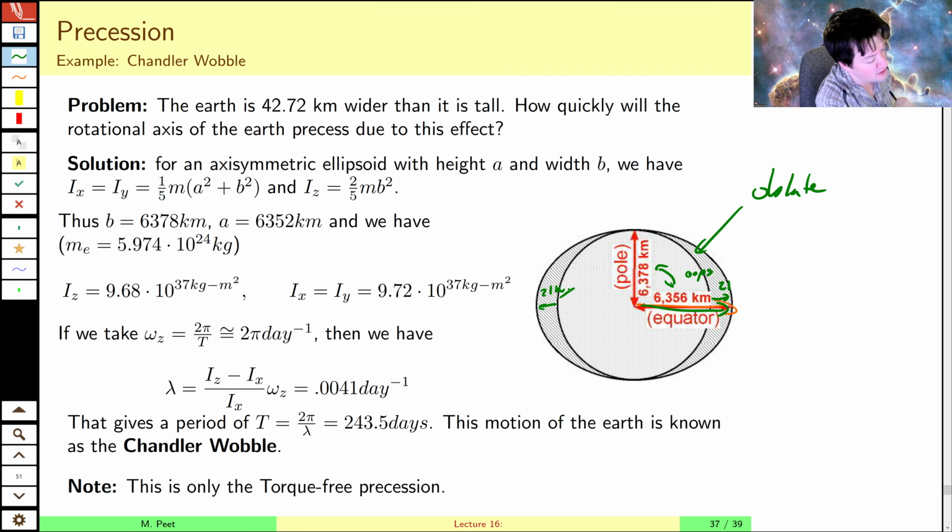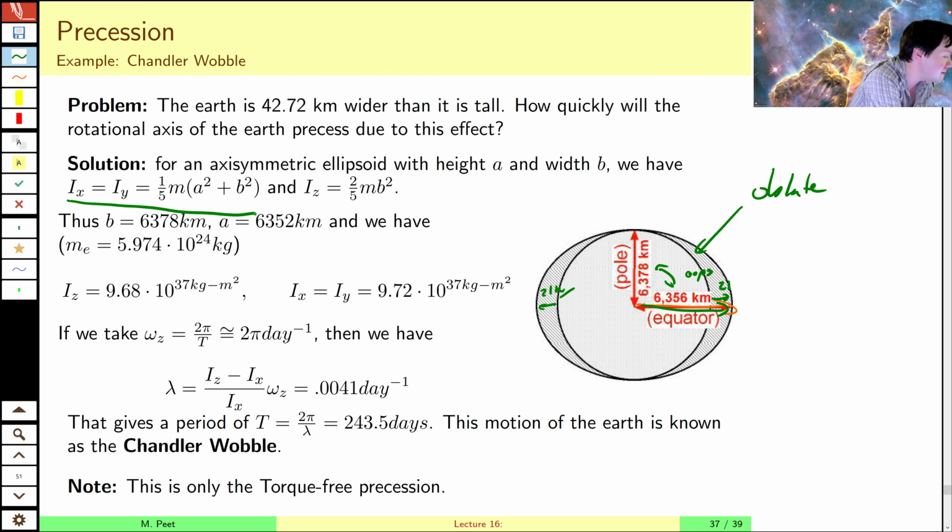And so you would think, well, the Earth is rotating about its axis, and its axis is maybe a little bit tilted, so the Earth itself would have a little axisymmetric action there. So it's axisymmetric. It's an ellipsoid, meaning sort of a three-dimensional ellipse. And we can calculate the moments of inertia for an ellipsoid.